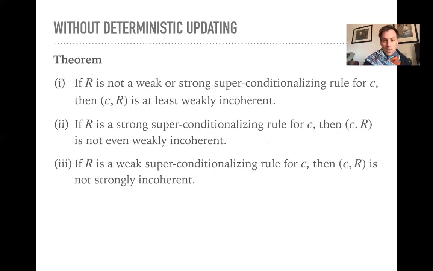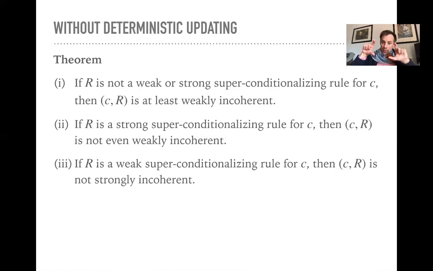Okay, so then without deterministic updating, we get the following result. If your updating rule is neither a weak nor a strong conditionalizing rule for C, okay? So that means in our diagram before, if you remember, there were four possible posteriors, two that were responses to E1, two that were responses to E2, and then we drew the shape between those.